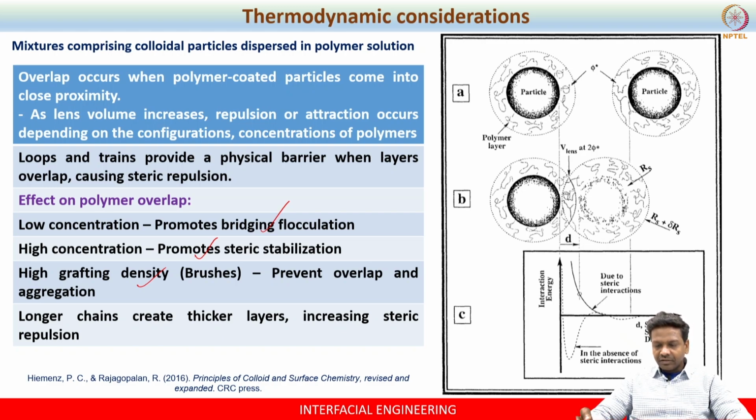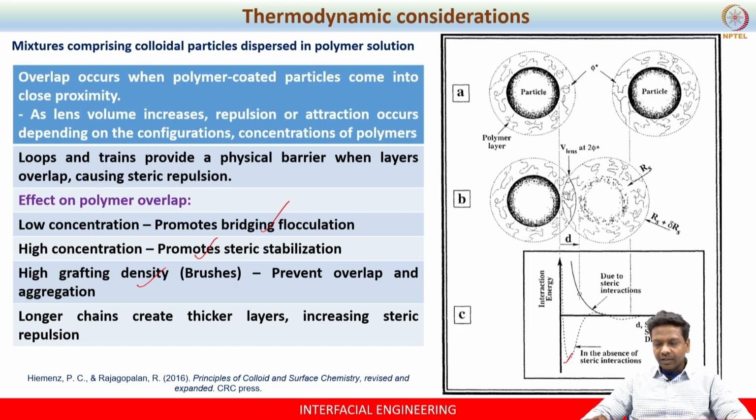You can see the interaction energy between the particles, surface to surface, as a function of surface-to-surface distance. In the absence of depletion attraction and bridging flocculation, when there is steric hindrance, you would only expect repulsive force. In this plot, the positive y direction represents the repulsive force and the negative y direction represents the attractive force.